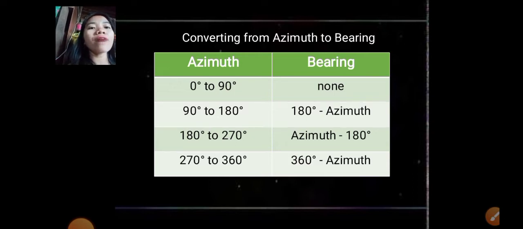If we have azimuth 180 degrees to 270 degrees, the bearing is equal to azimuth minus 180 degrees. If our azimuth is 270 degrees to 360 degrees, the bearing is the result of 360 degrees minus the azimuth.